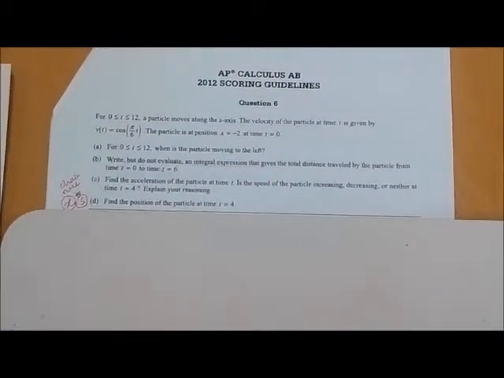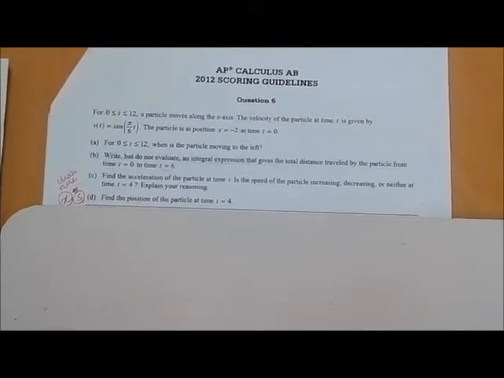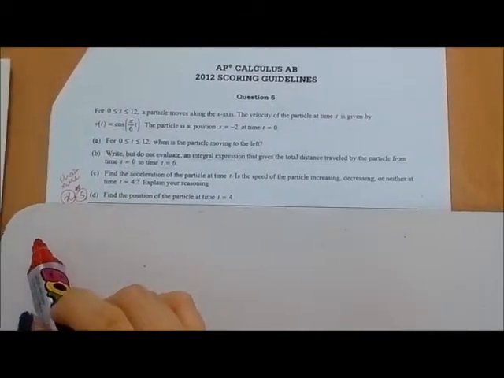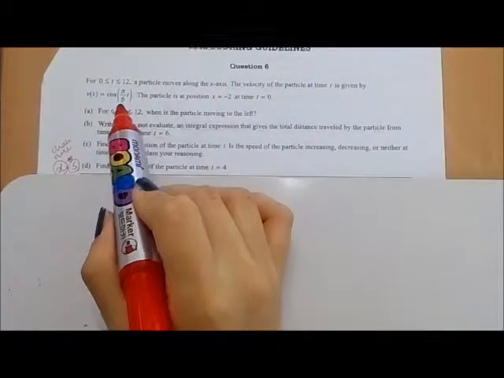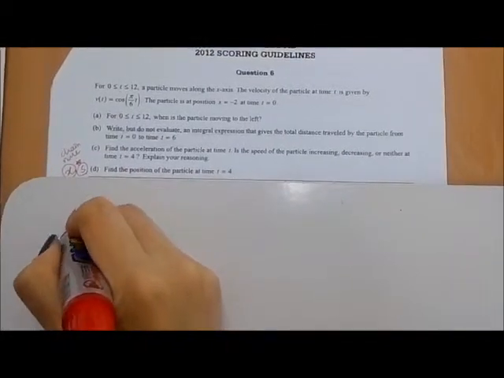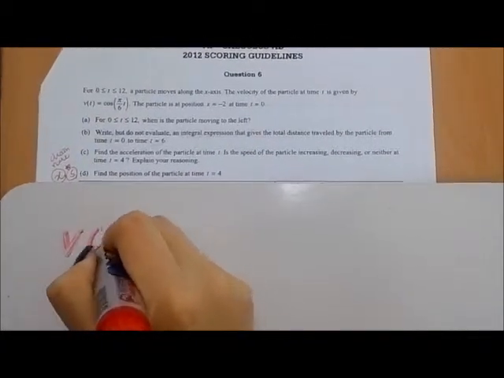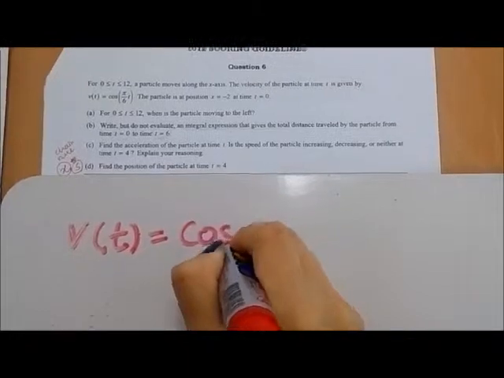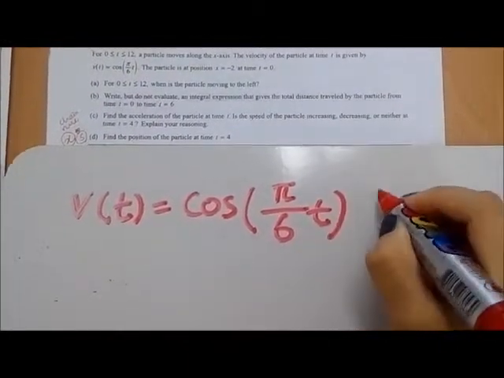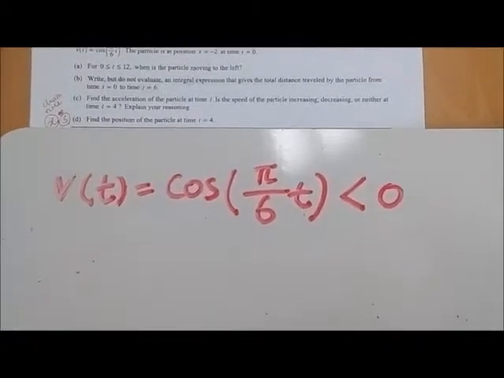So when the particle moves to the left, the velocity would equal a negative number. So the velocity, which has the equation of cosine pi over 6t, should be smaller than 0.